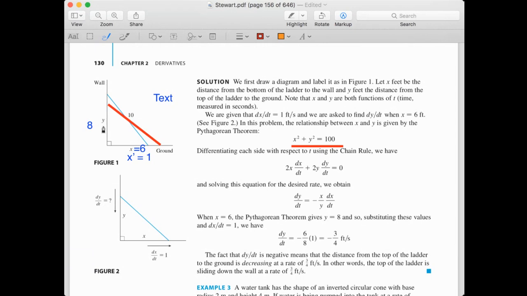Or we can do y equals the square root of 10 squared minus 6 squared: 100 minus 36 is 64, square root of 64 is 8.